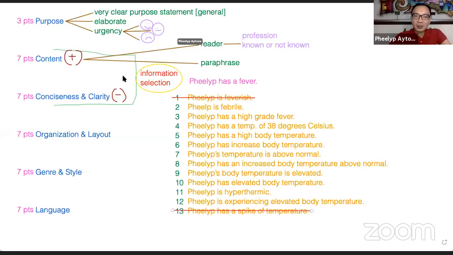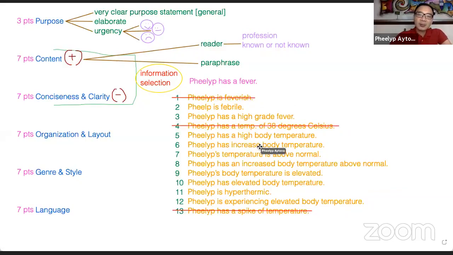No, hindi ka naman thermometer. So, which one is wrong? 4. Yeah. Nag-assume tayo na hindi naman talaga natin sigurado. 6. Philip has increased body temperature. Wrong grammar, di ba?